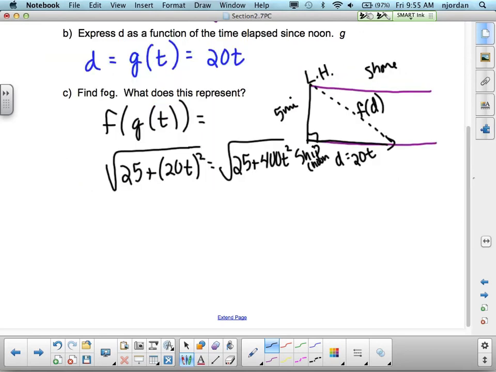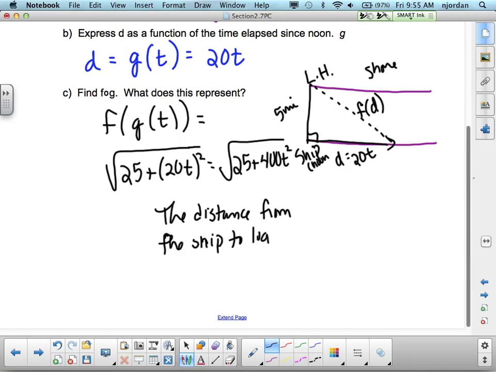Okay, so once again, that would represent the distance from the ship to the lighthouse, ship to lighthouse, as a function of time.